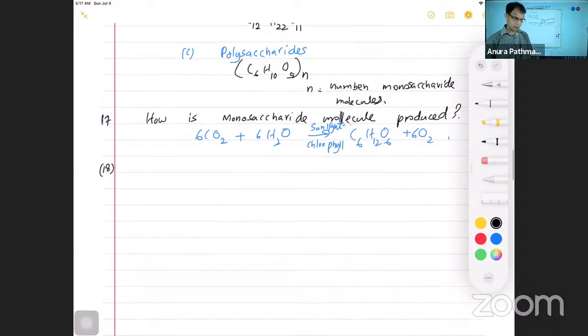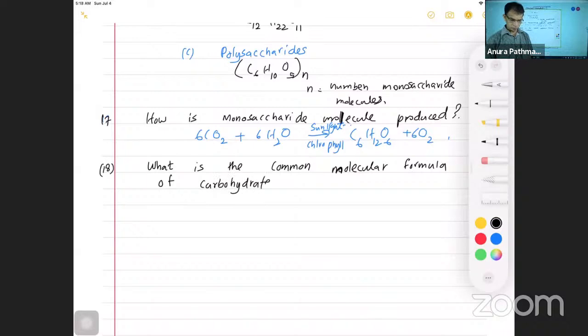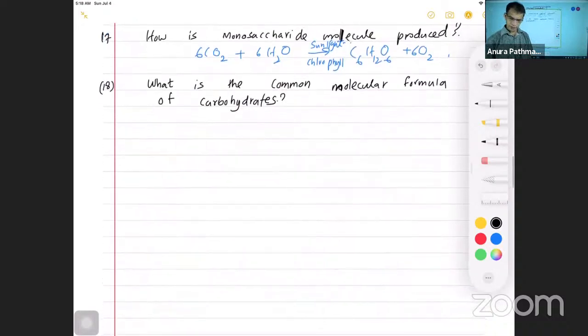What is the common molecular formula of carbohydrates?